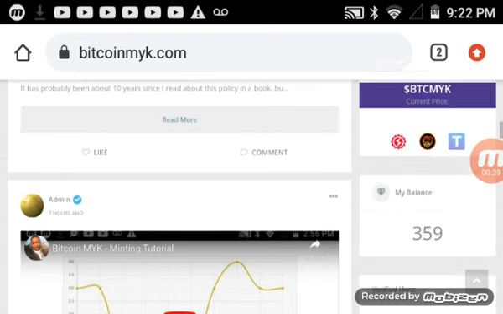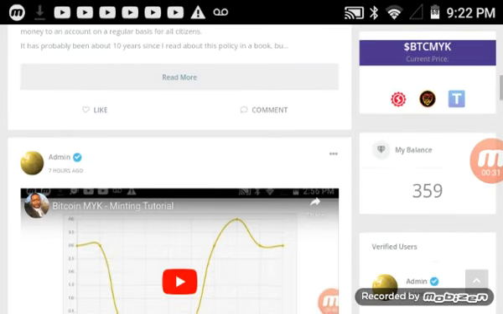The Bitcoin MYK token, what you're looking at right now, you can see on my balance, I have 359 of them. The Bitcoin MYK token is the native token of the project, right? It is the one that is mined, that is minted through your activity, right? Now, what is its function? We call it Bitcoin MYK.